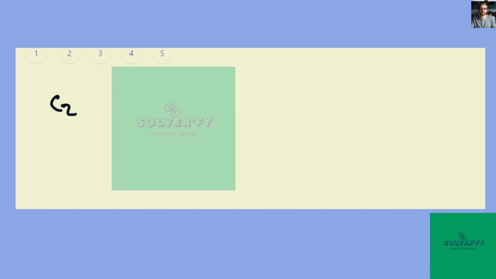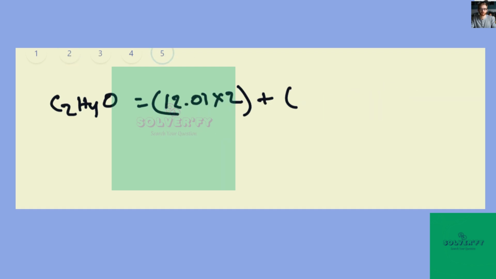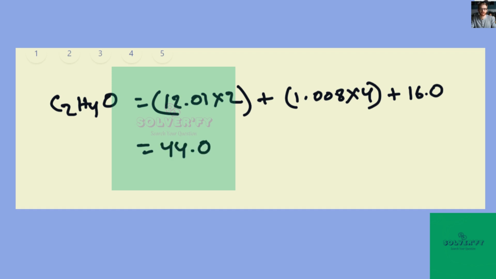So the empirical formula mass for C2H4O will be, so you have two carbon, we'll have 12.01 times 2, plus we have 4 hydrogen, that means we have 1.008 times 4, plus we have 1 oxygen, 16, and the total will give us a value of 44.05 gram per mole.